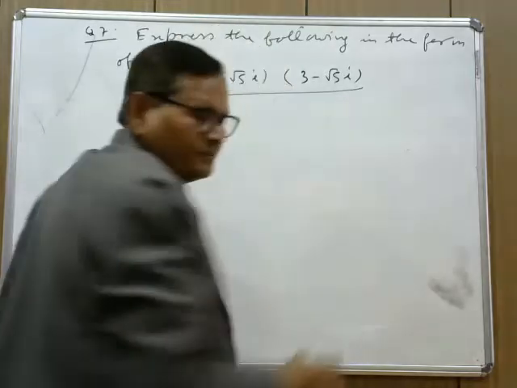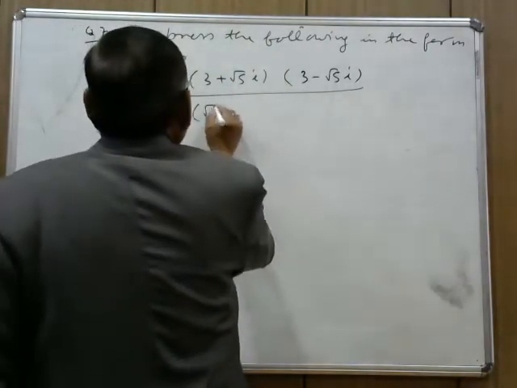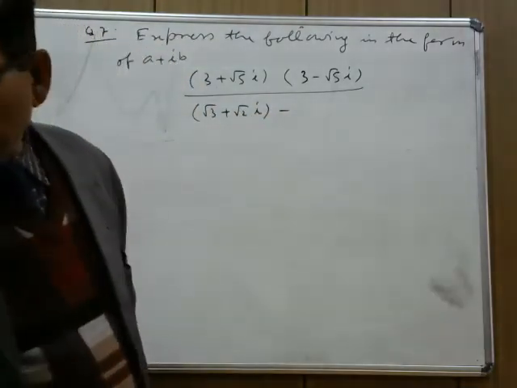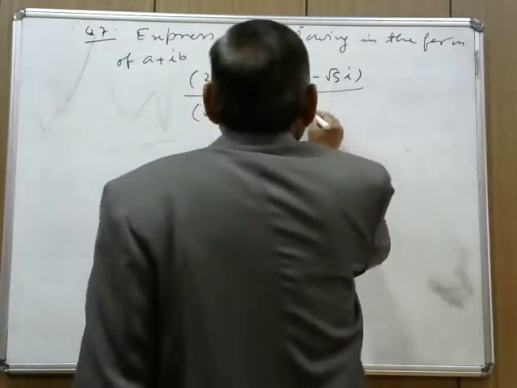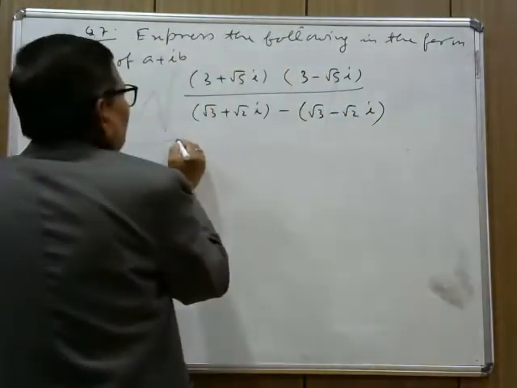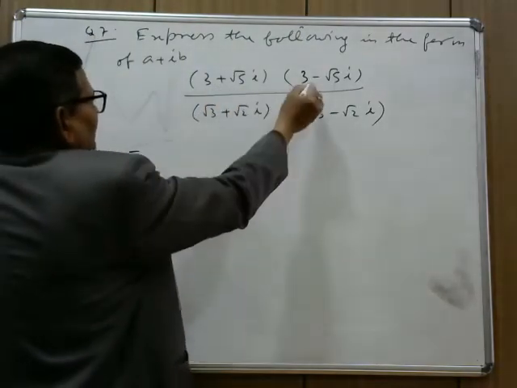upon (root 3 plus root 2i) minus (root 3 minus root 2i), that is, you solve them. A plus b, a minus b.